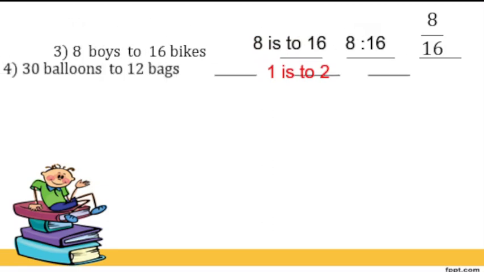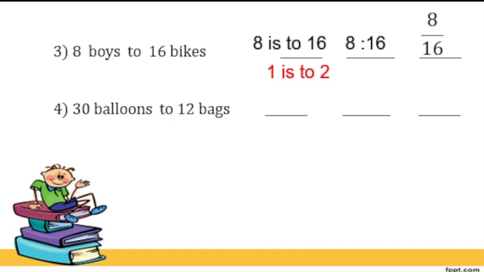Next, we have 30 balloons to 12 bags. That is 30 is to 12, by colon 30:12, and by fraction, that is 30 over 12. So what is common to 30 and 12?